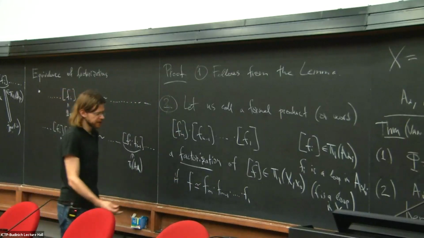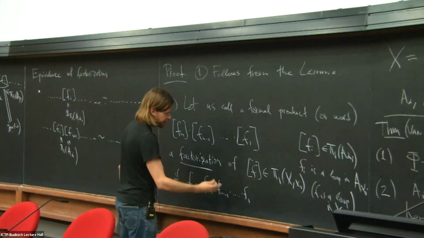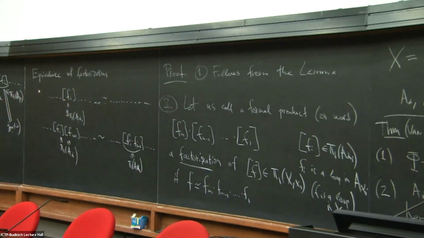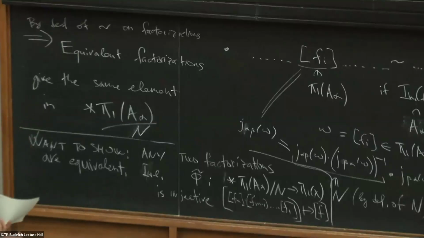You can treat different parts in a different way. And since this is injective, this means that the kernel of the original map phi, which was just a map from the free product to pi1, was exactly N. There is nothing more in the kernel.